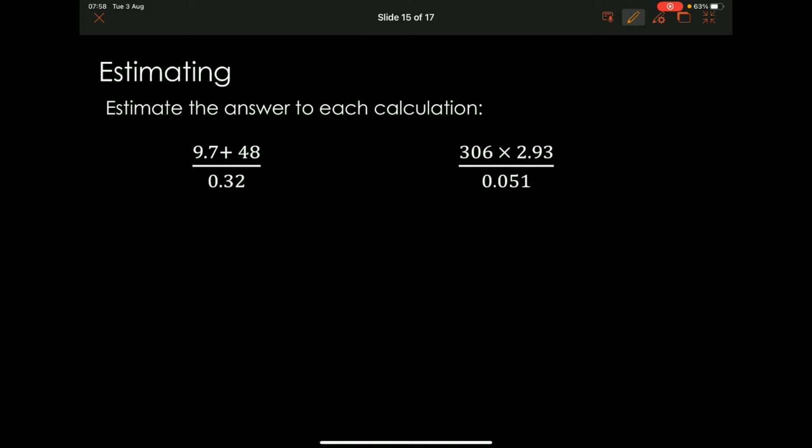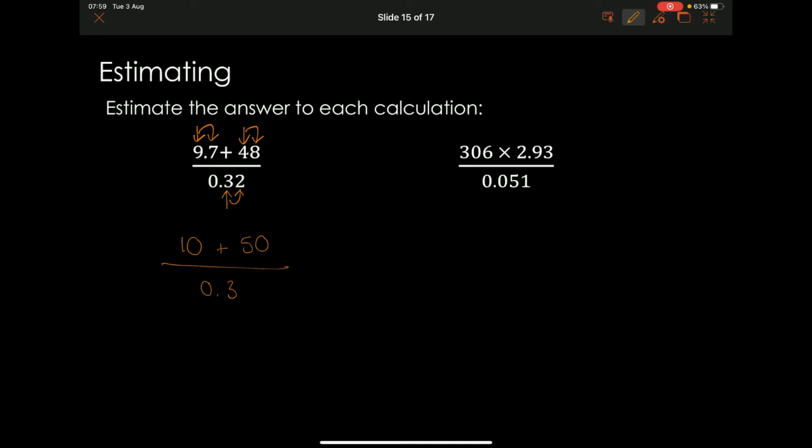Okay, so what we've got here for the first one is rounding them all to one significant figure. You should have got 10 for this one because it's 9 and then you've got a 7 there, so you'd round it up. So 10, and then this one is a 4, but this is an 8, so that would round up to a 5, making it 50. And then with this last bit, 0.32, this is your first significant figure, and this is a 2, so it would actually stay the same.